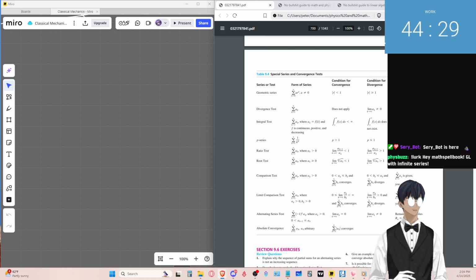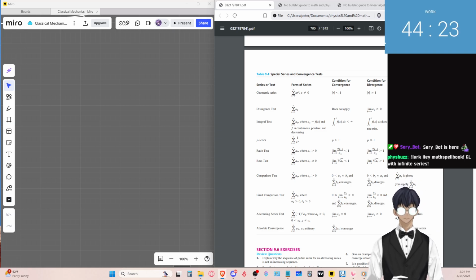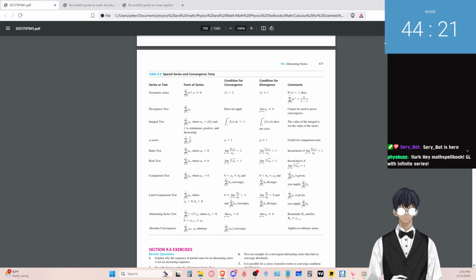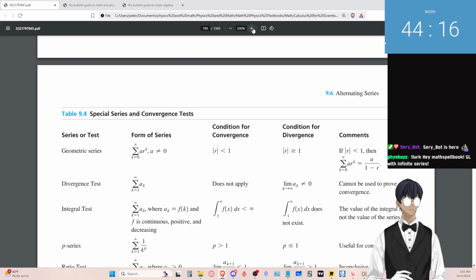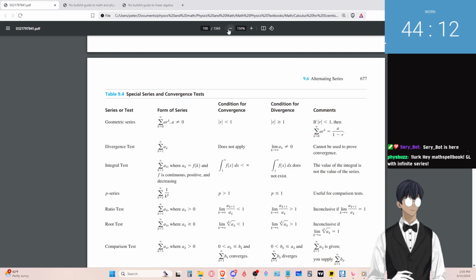So I think we're going to have to move the chat. Actually, we'll expand our book view, and then we'll just zoom in a bit. Hopefully you guys can see that.